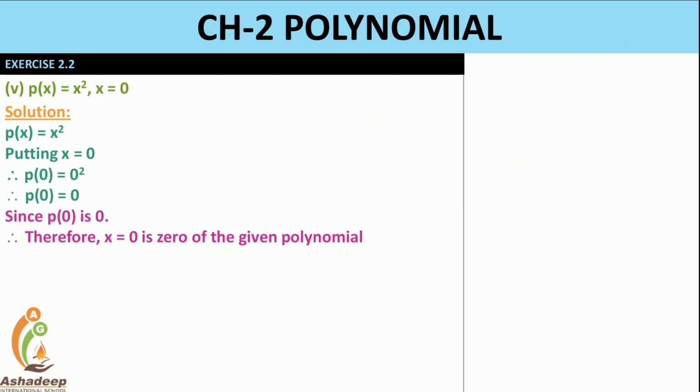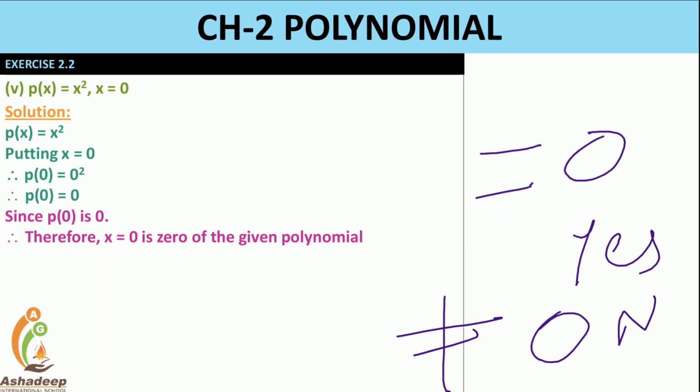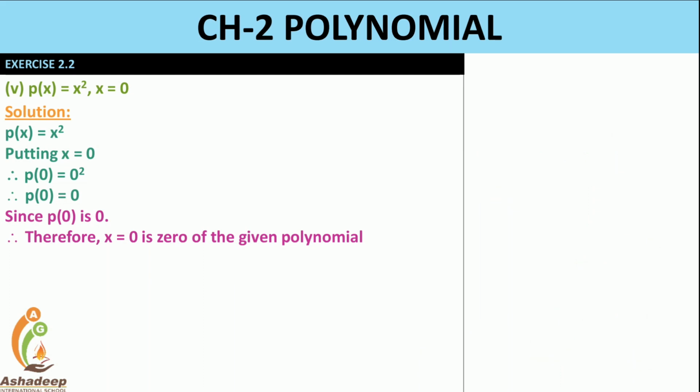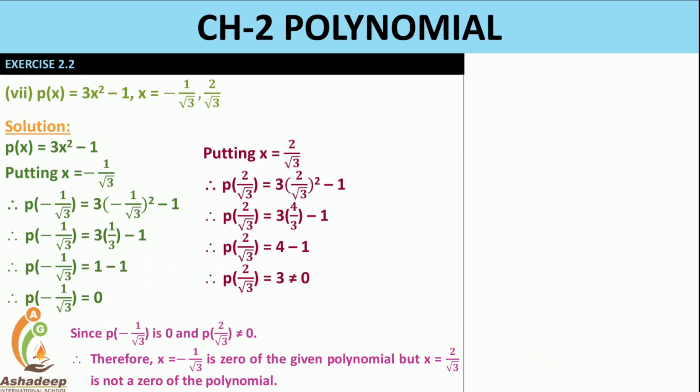So in the same manner you need to do the other sums, but the one thing that you need to keep in mind is, if you find it is equals to 0, then yes, and if it is not equals to 0, then you can say no. That we have already seen in the theory part. Now here these two values, we need to check that out.